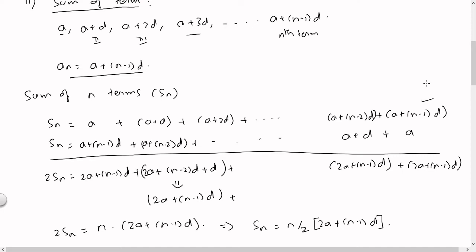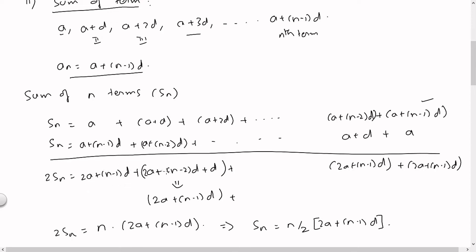In order to do this, we have written what is Sn, we have listed down all the terms that are to be added, and then once again we have written what is Sn. Then when we listed the terms here, we have listed down in the opposite order. Then we have added, here we can see that every sum is actually giving the same value, which is equal to 2a plus n minus 1 into d.